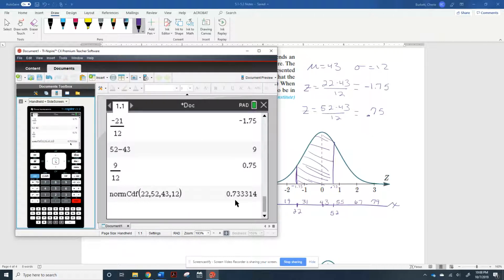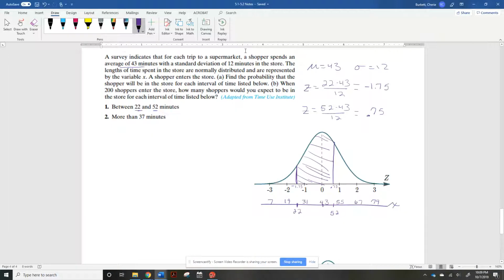That gives me an area of 0.7333. So the probability that X is between 22 and 52 is 0.7333.